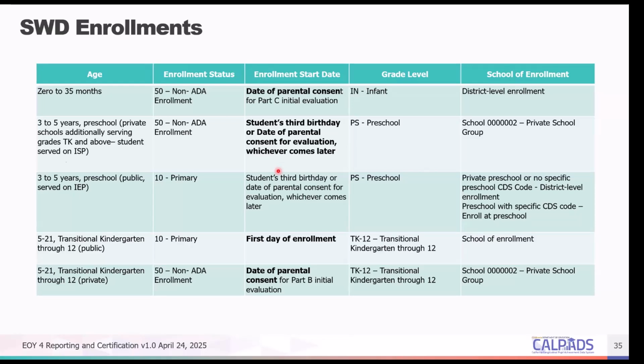We know that non-ADA refers to a lot of different enrollment scenarios, but in terms of CalPADS, you can only use it for private school students or infants, students with disability. And so I just wanted to add that this table is for guidance. We're trying to tell you how to report these students.